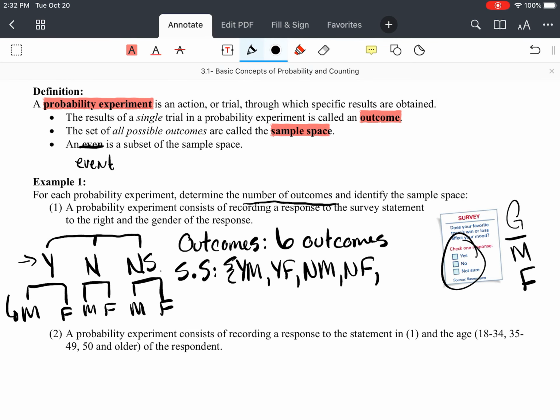Then if they said not sure, once again, they could have been male or female. Those are all 6 possible outcomes. Notice that these should line up with the number of outcomes: 1, 2, 3, 4, 5, and 6.